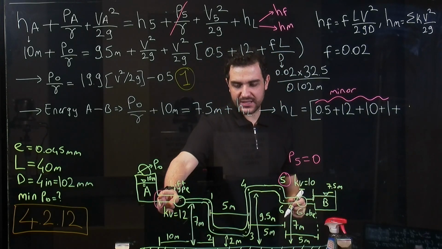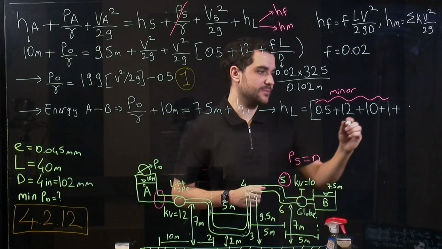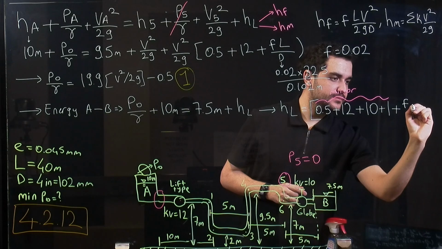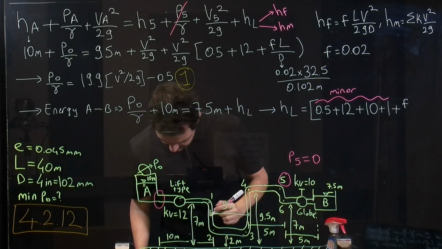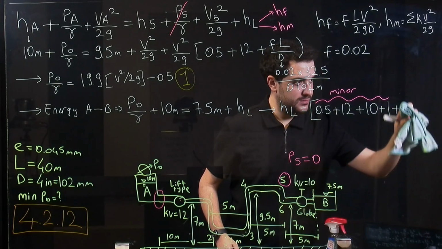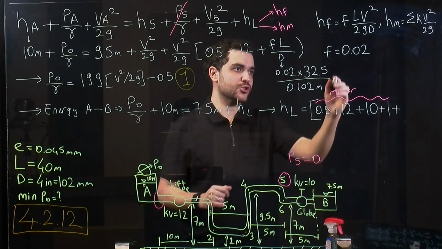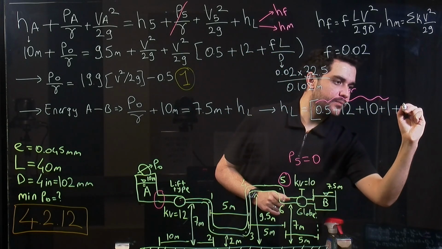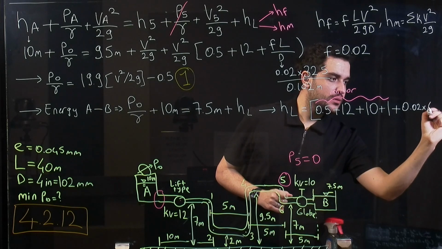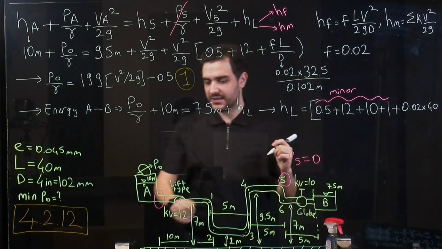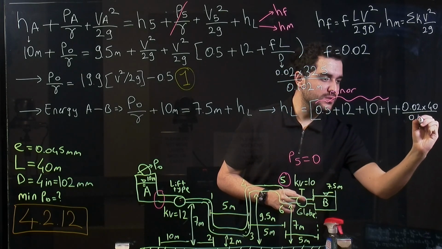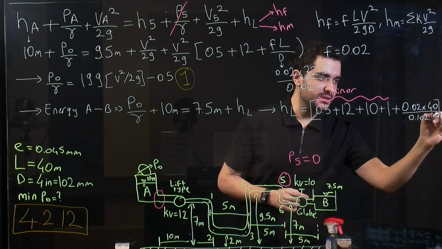And also we have frictional head loss throughout the pipe, so it will be F, or we can directly write, because we assumed F as 0.02, and the length was 40 meters over 0.102, which is the diameter.